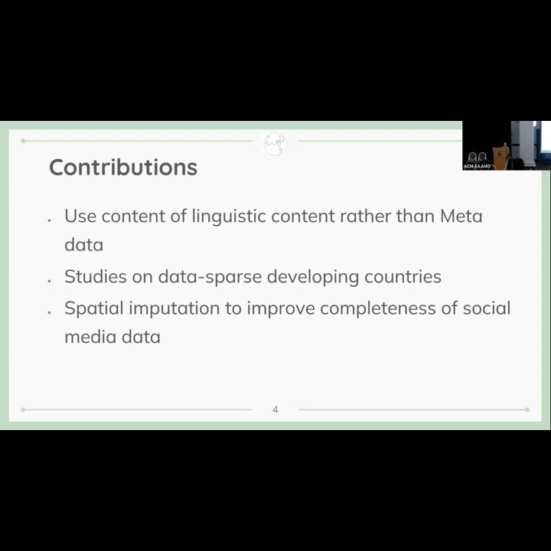Social media has been used to estimate or interpolate survey-based measures, but there's an open question of whether social media itself can be reliably interpolated. So we want to explore different kinds of interpolation methods to interpolate social media and to increase the completeness of social media data.